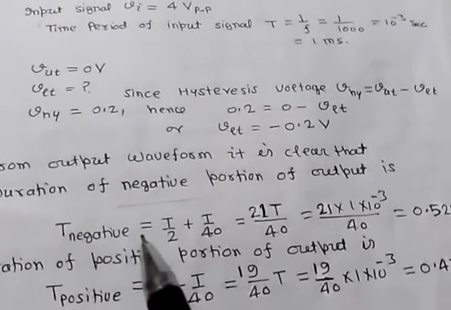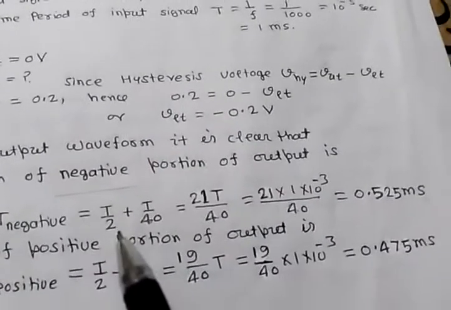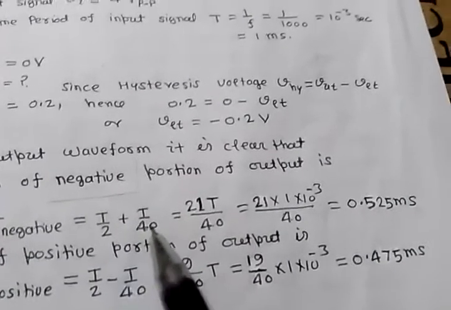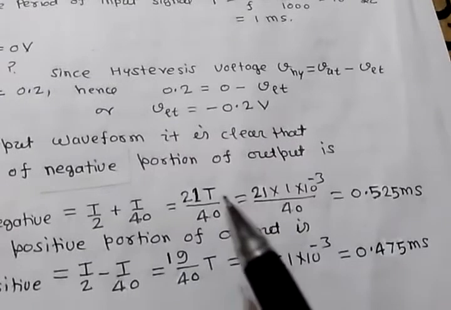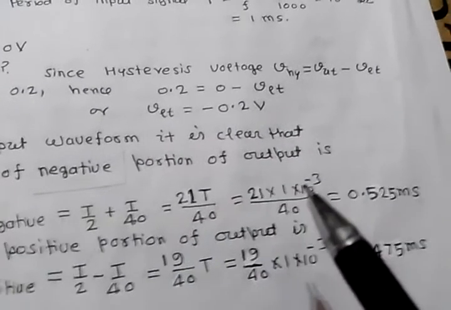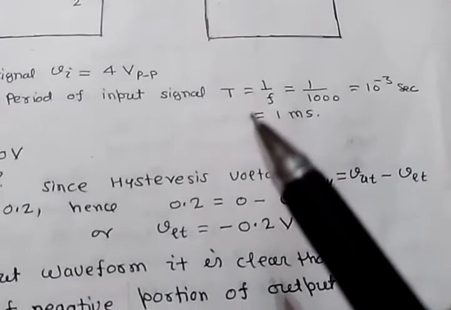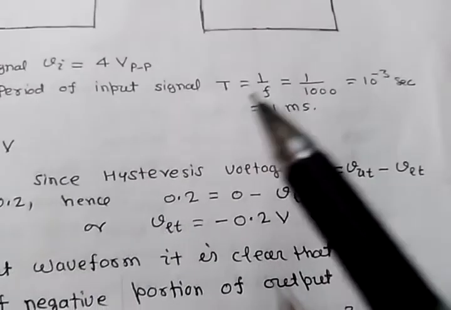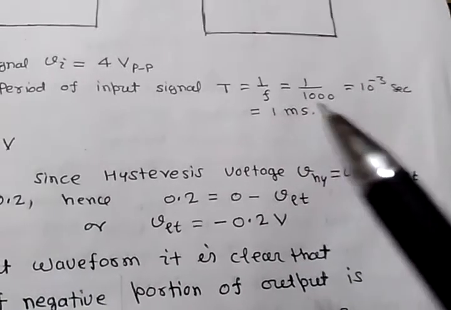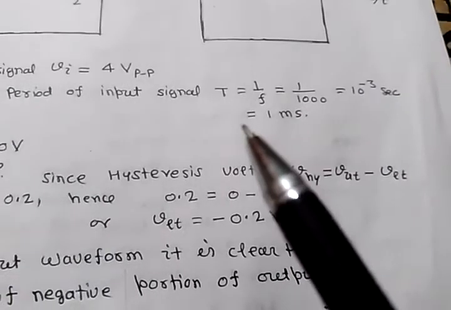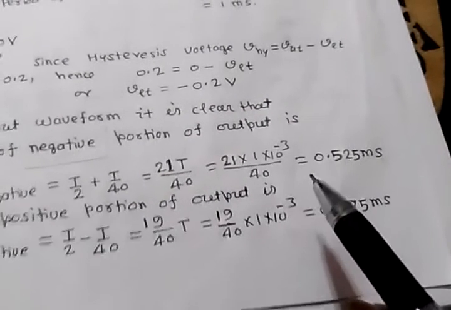T negative, the duration of the negative portion, T by 2 plus T by 40, will be 21 T by 40. Put the value of T, 1 millisecond. This value we have already calculated here. T equals 1 upon f, f is 1000 hertz, so T is 1 millisecond. Put here and calculate.